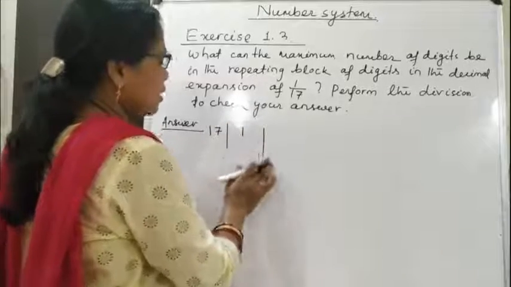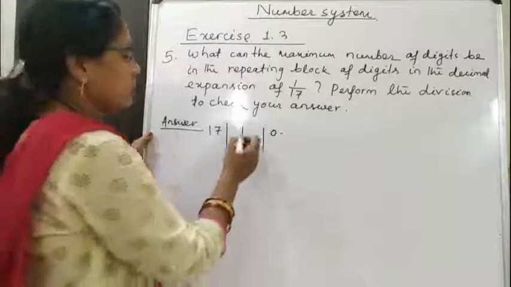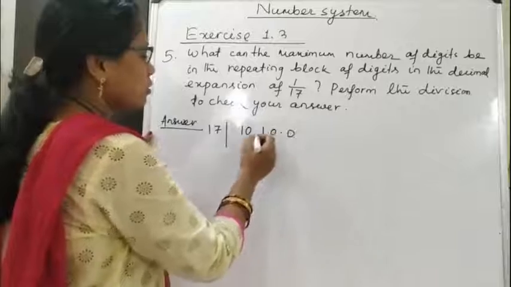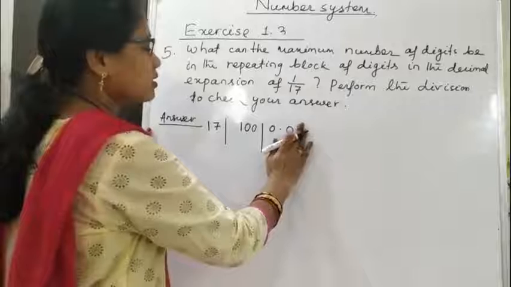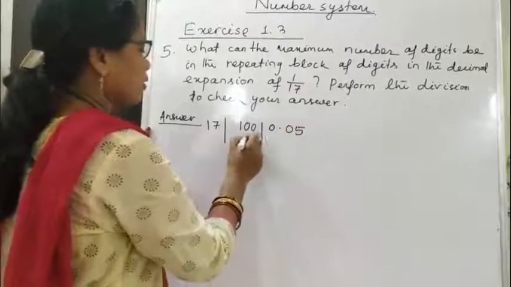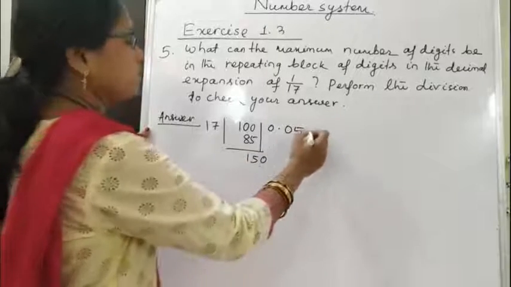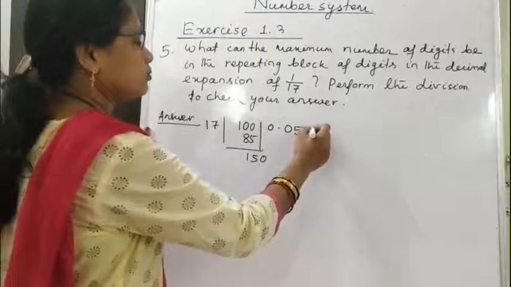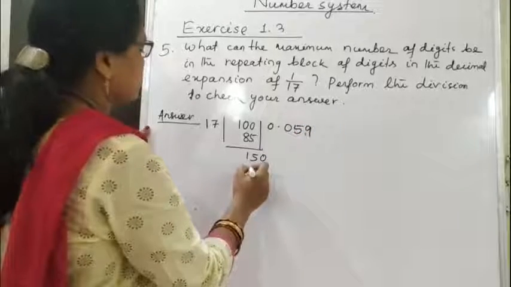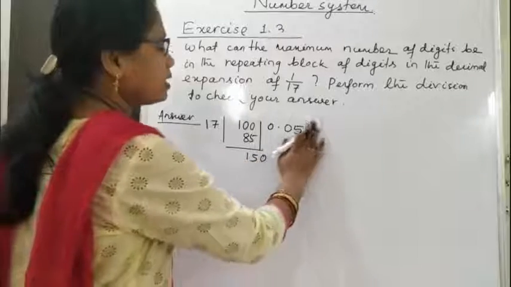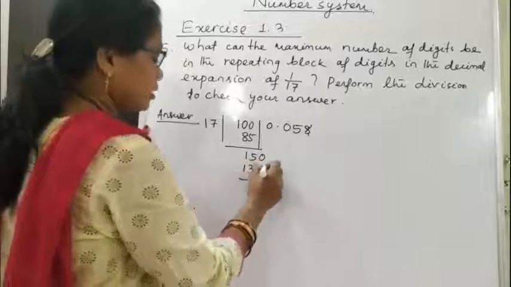So 1 is less than 17, so we have to put a decimal point. Again 0, 0, again another 0. Then 17 fives are 85. Then 50, 17 nines, 17 eights are 136.